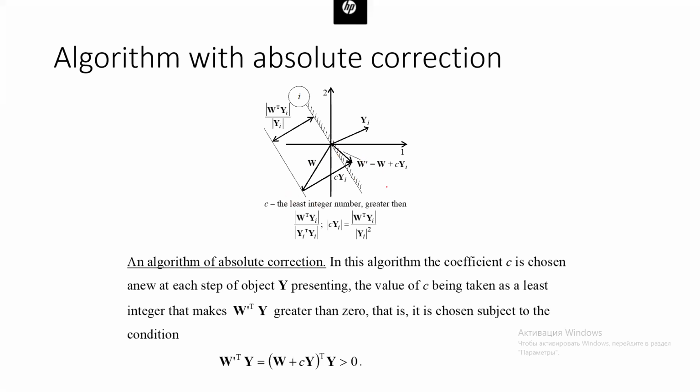But when C is equal to 2, maybe it will be better, because when it was 1, it's not enough. And you need to calculate this in order to estimate C.